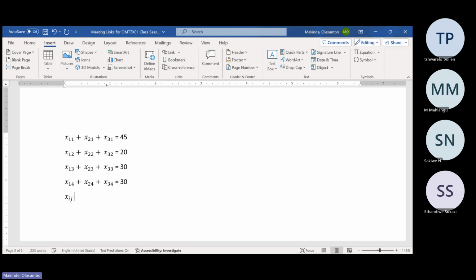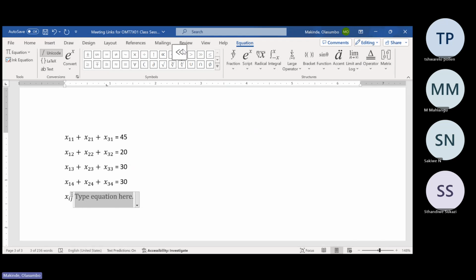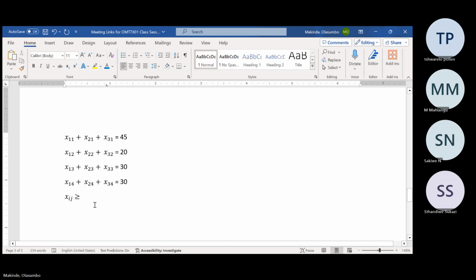That will be the last thing for any transportation problem you formulate. And that is where you say your Xij should be greater than or equal to 0, where i equals 1, 2, 3. Your Xij should be greater than or equal to 0. And we've defined i, so instead of saying X11, X12, you can just write it like this, because we have defined what i is, 1, 2, 3, and j is 1, 2, 3, 4.